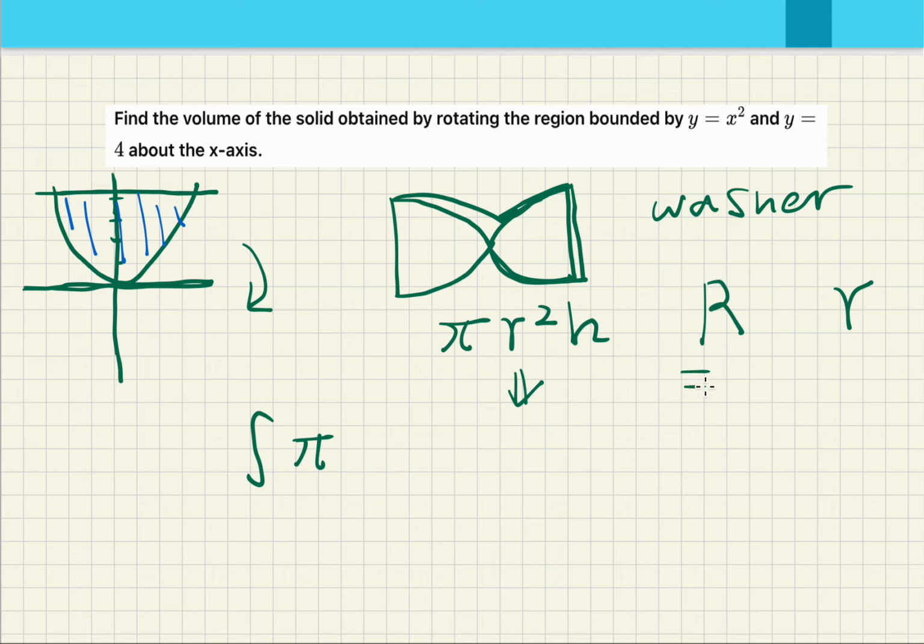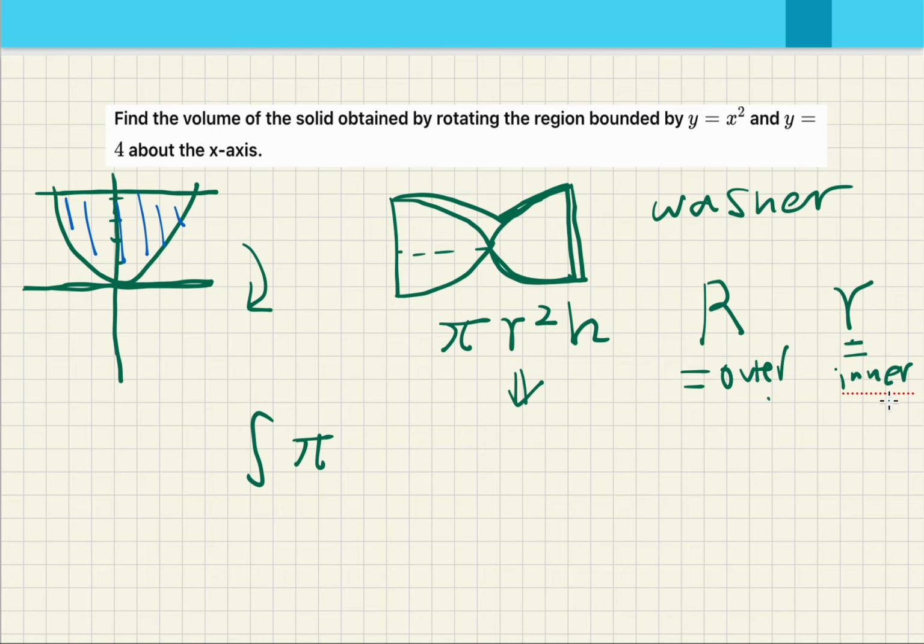The uppercase R is for the outer radius. So that's usually this radius, which is constant. And the inner radius, lowercase r, usually varies.